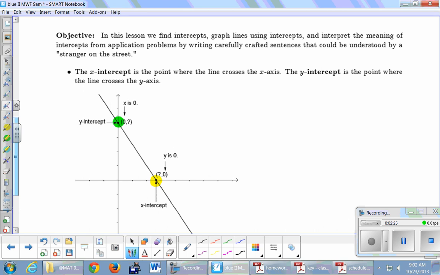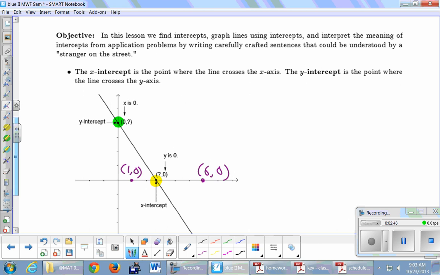Would you guys agree, for example, that the coordinates of this point right here are 1, 0? Is that right? Okay, and if I pick this one out here, 1, 2, 3, 4, 5, maybe that's 6, 0. Yes? What's the same in both of those purple points? They're on the x-axis.